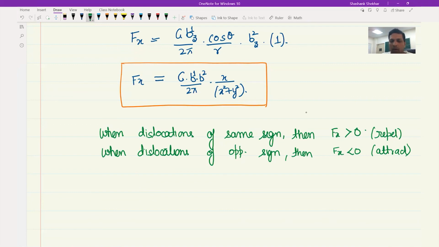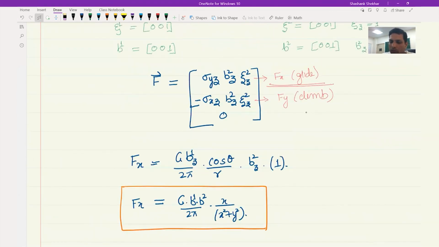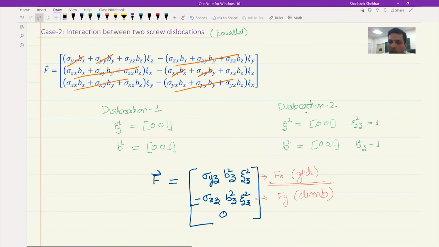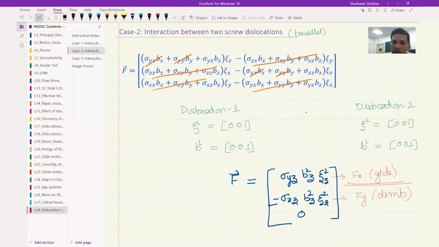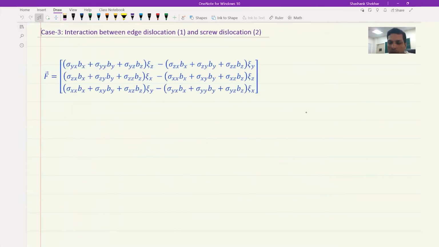Next, what we will look at is the interaction between a screw dislocation and an edge dislocation where the line direction is same. So this would be very interesting, as you would see.